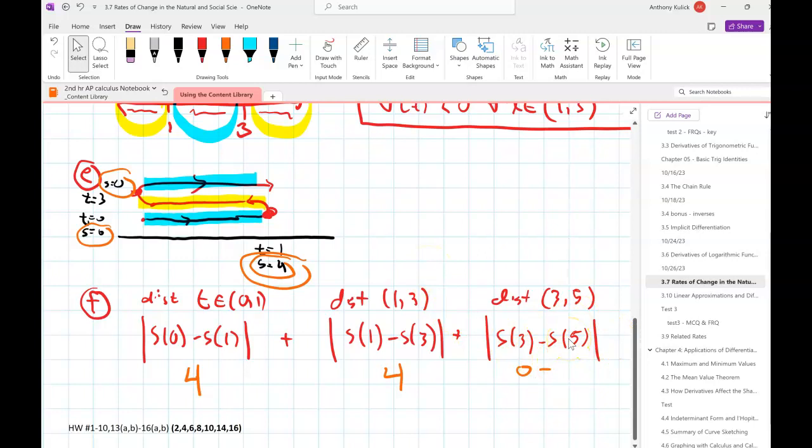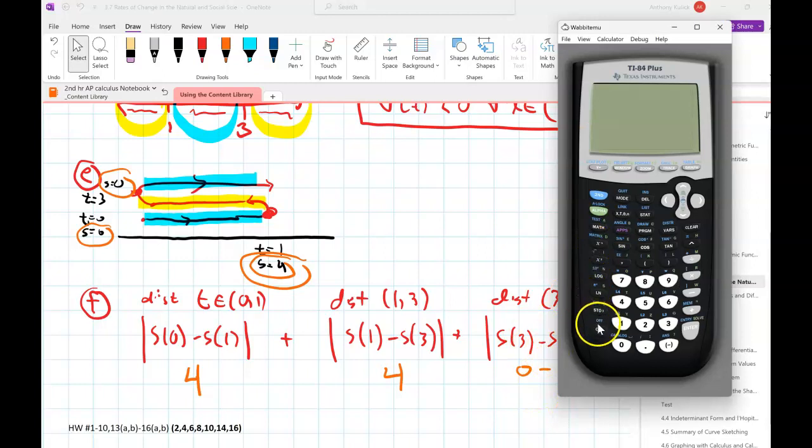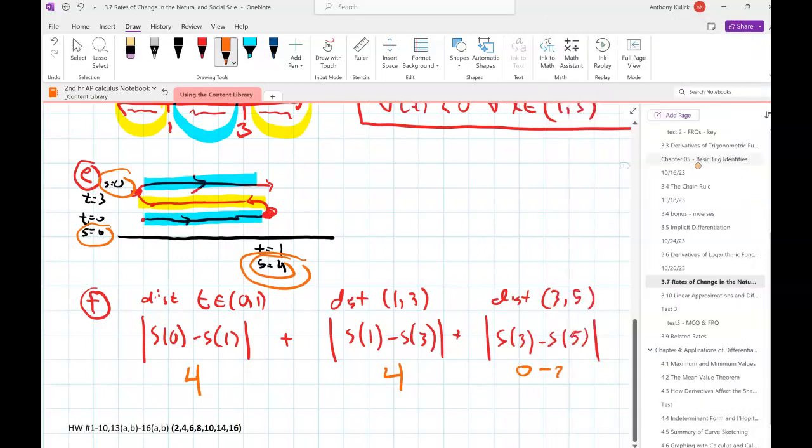Because we're doing the absolute value of it, I just have to calculate what s of 5 is. I can plug 5 in, or I can just go to my calculator and do y1 of 5. That's what I'm going to choose to do. I get 20. So I have 8 plus 20, so 28 units.